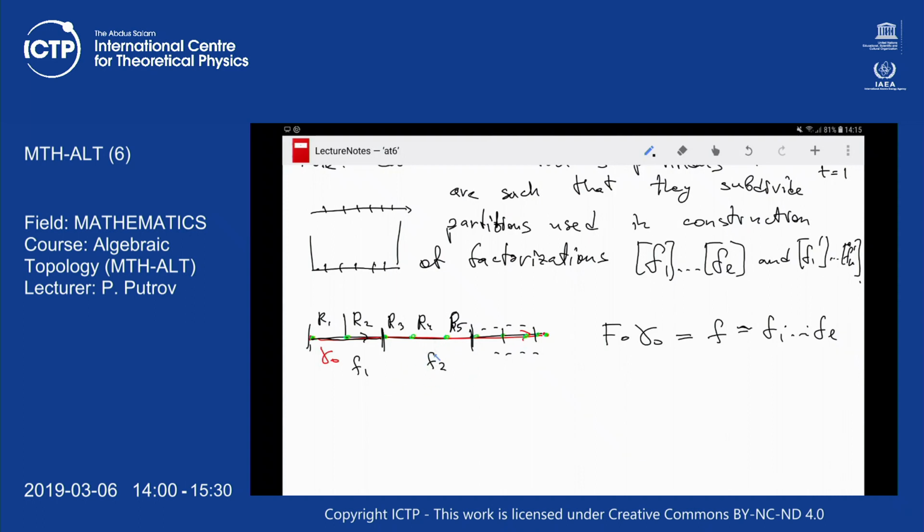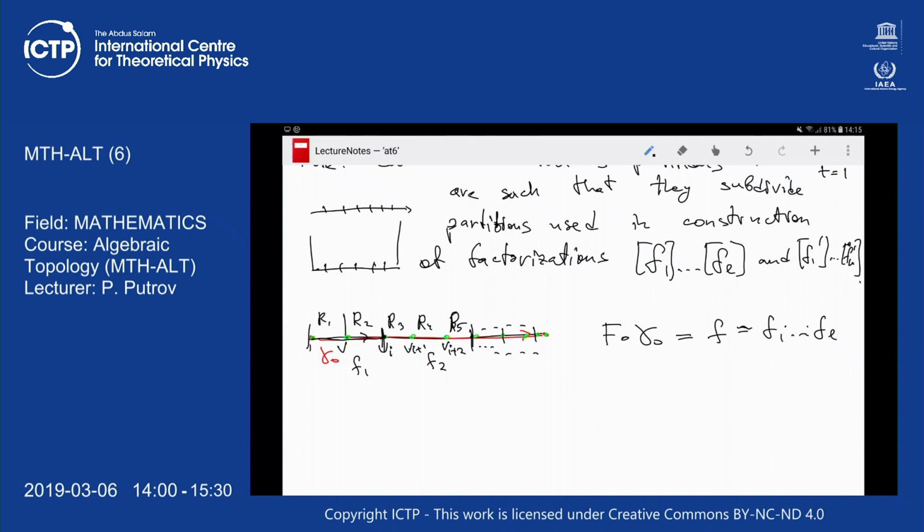Let me consider, for example, F2 here. Let me denote the vertices by vi plus 1, vi plus 2, and so on.